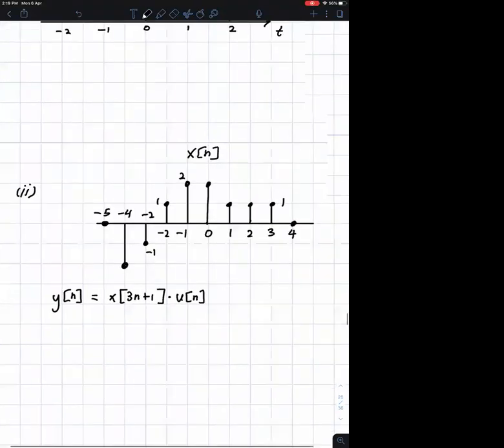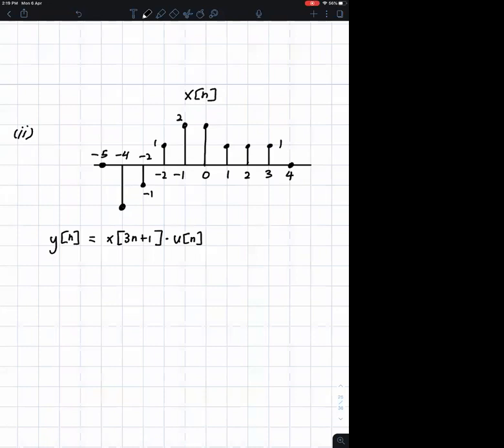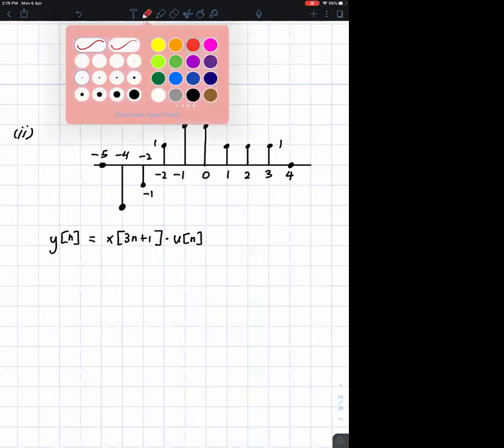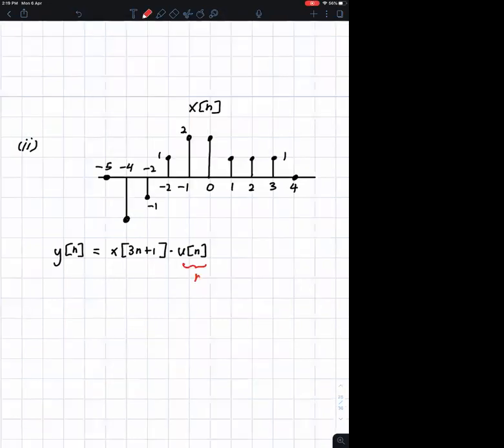Okay, to begin with, this is telling me that n must be greater than or equal to 0, right? Right or not?